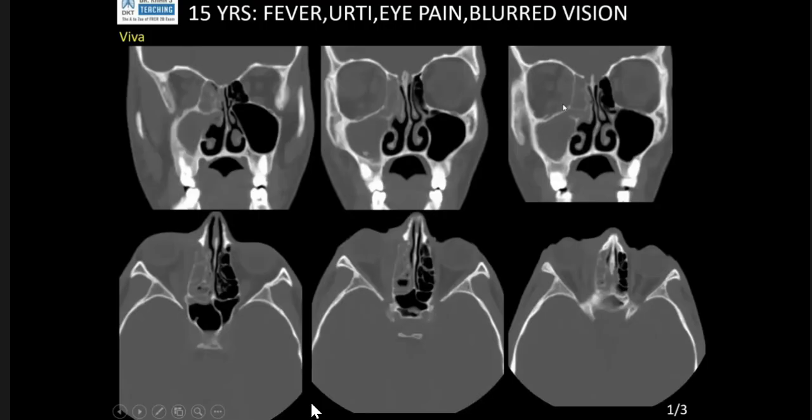There is no aggressive appearance, there is no bony destruction, so this could be an indolent sinusitis. With this kind of clinical picture, what will you be worried about? What will you do next? I would like to correlate with the inflammatory markers. I would also like to do a post-contrast CT study.